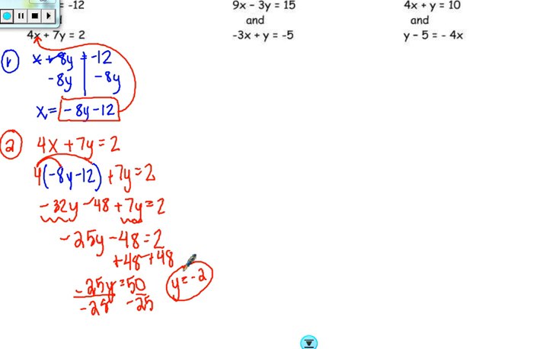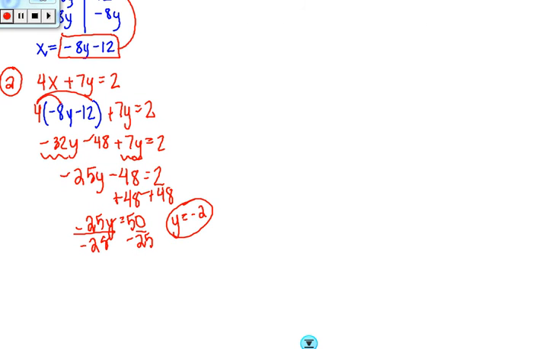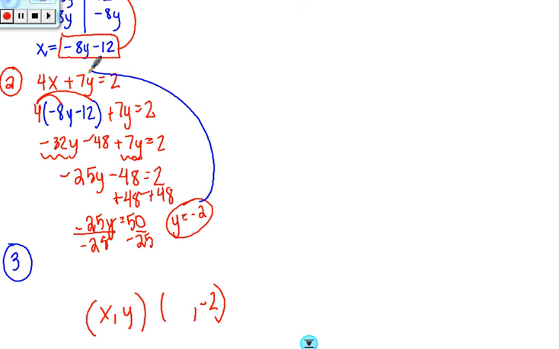But remember, our answer can only be a point, x, y. So you've only given me the fact that y is negative 2. To get x then, step 3 is to take your answer and go plug it back into one of the equations. Now, I always like to go back to the answer to step 1, and if I plug it in there, I won't have to do any work but solving that expression.